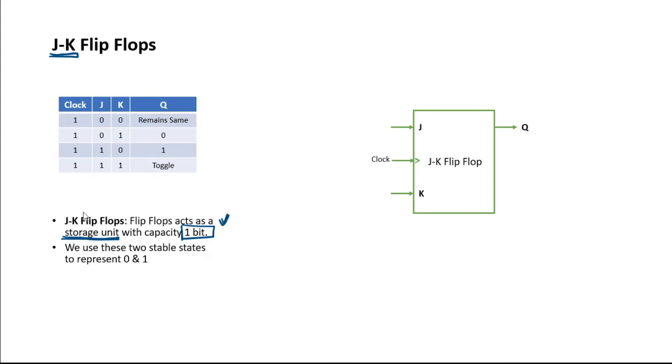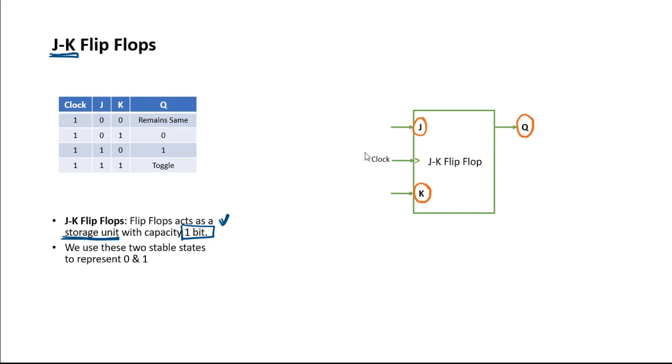Now how does the JK flip-flop store the information? Let's look slightly into the structure. A JK flip-flop looks something like this. It has two input lines, the J line and the K line, and it has one output line, the Q line.